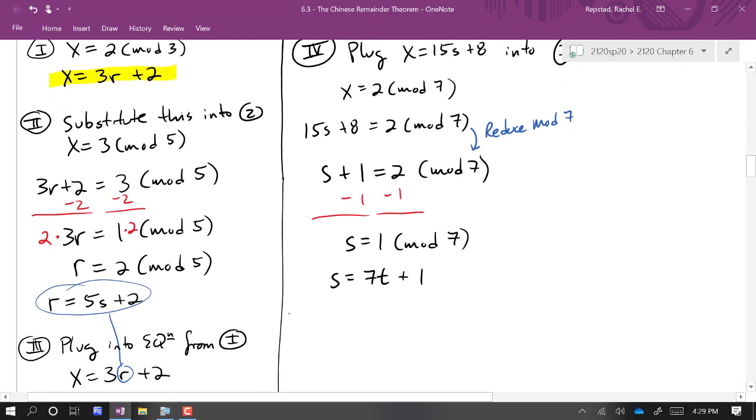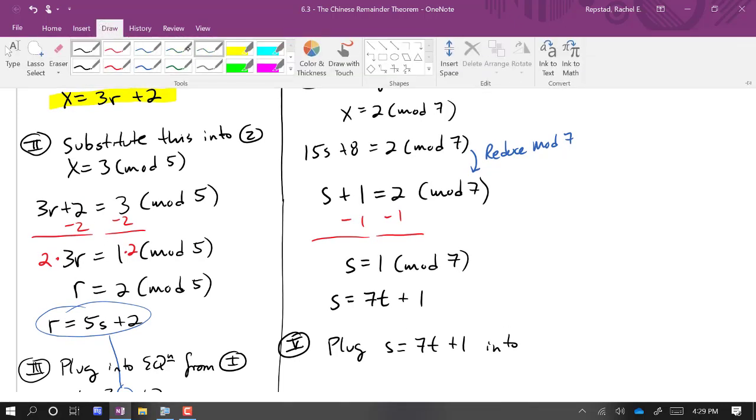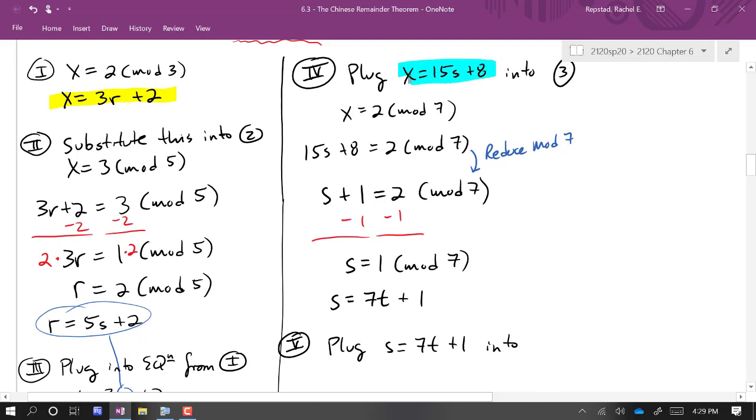In our fifth step, we're going to plug s equals 7t plus 1 into the equation for x that involves s. So that's up here, right?